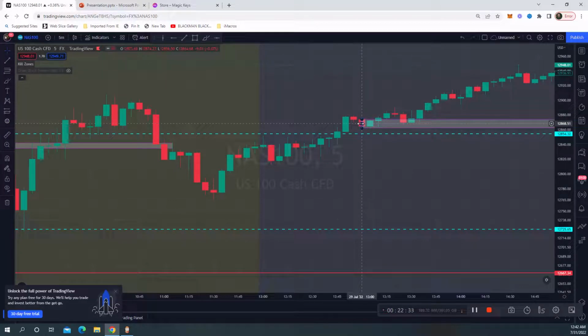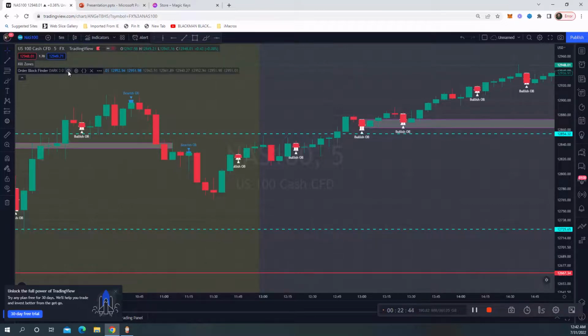Okay, now how do I determine the order block? In most cases, this order block will form, put it back on, on a candle when you get to about the 3rd or 4th candle. Then this order block will pop up. So here, 1, 2, 3, 4, this will pop up.